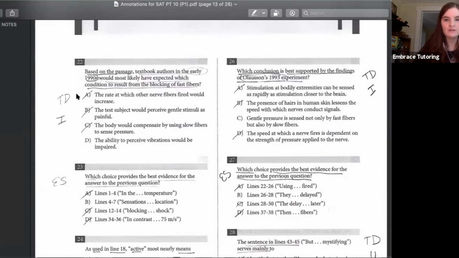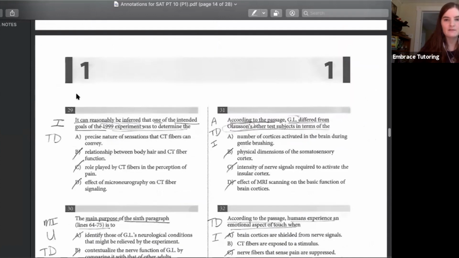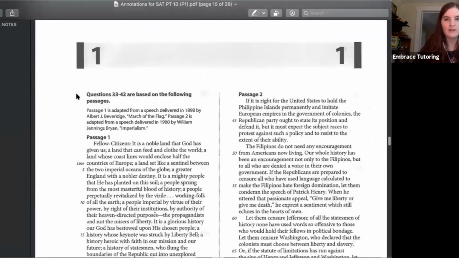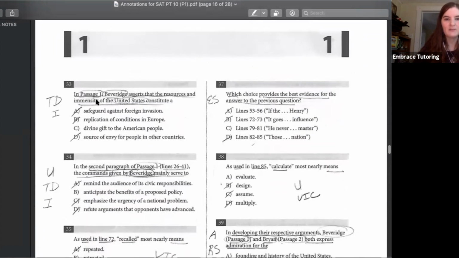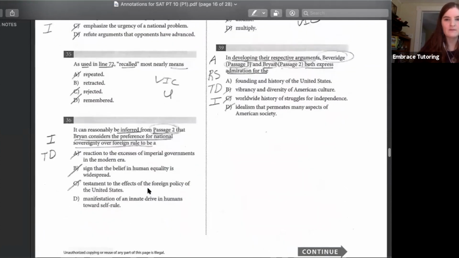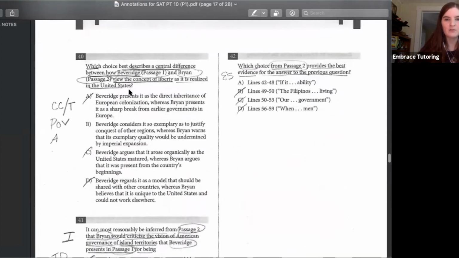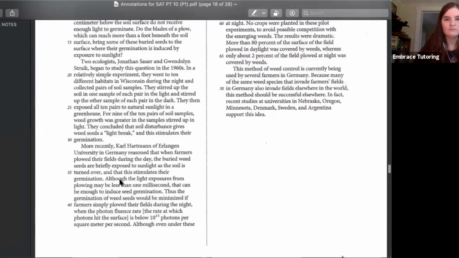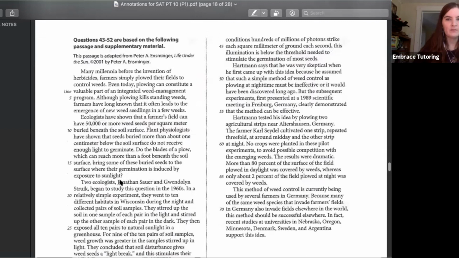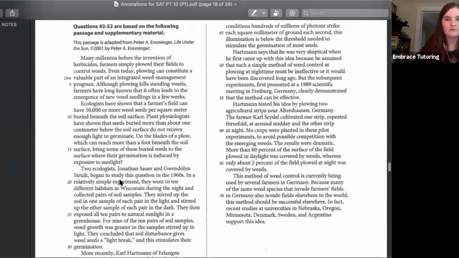No questions on the reading test or the writing and language test. So if we skip to the writing and language test, the same thing here, passage 1, passage 2. You want to make sure you're focusing in on key elements in each of the questions as you read through. No questions from Life Under the Sun either.